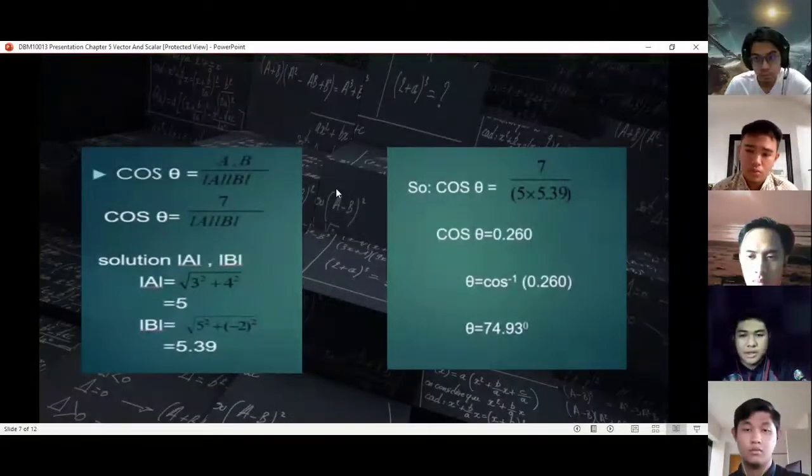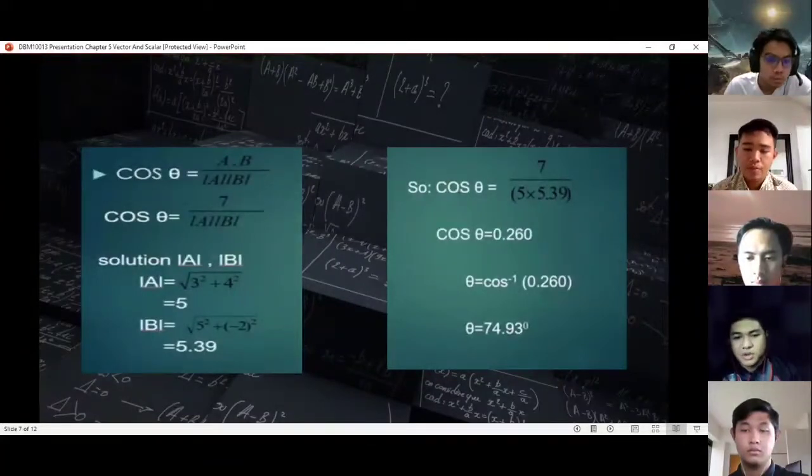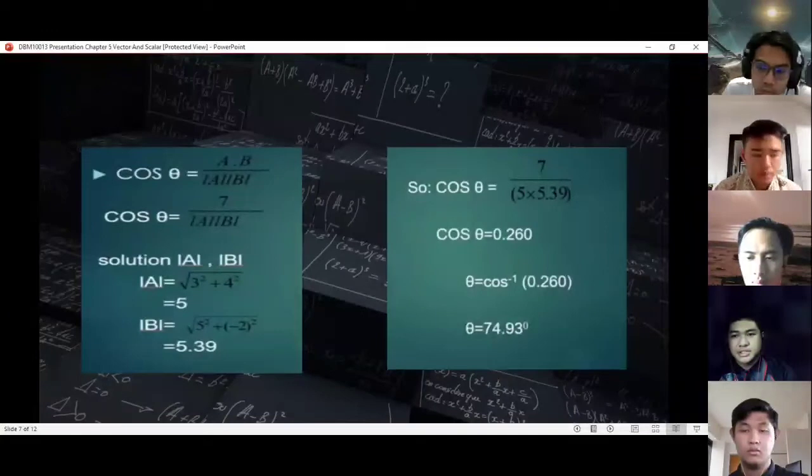Then we move the cos to the right side, so that will be inverse cos open bracket 0.260 close bracket. Then the last answer will be 74.93 degrees.